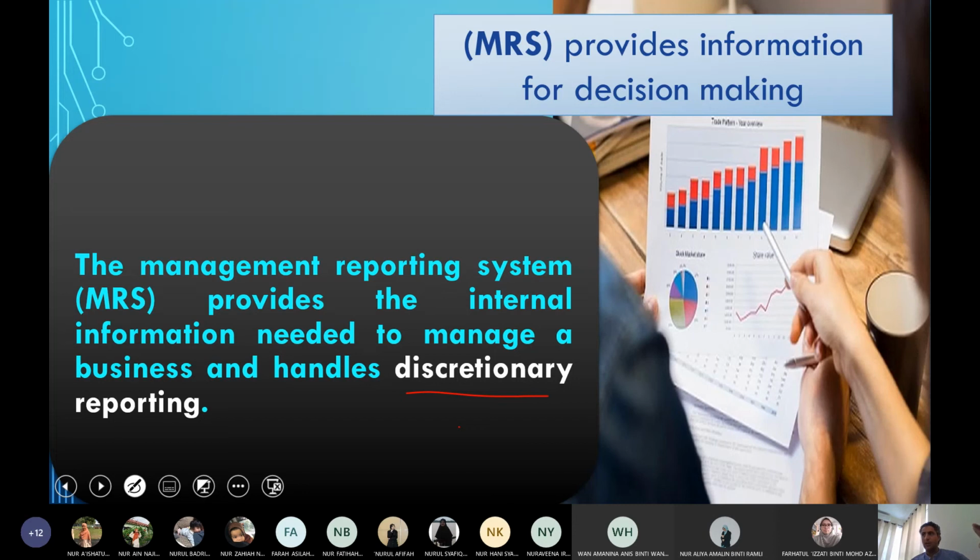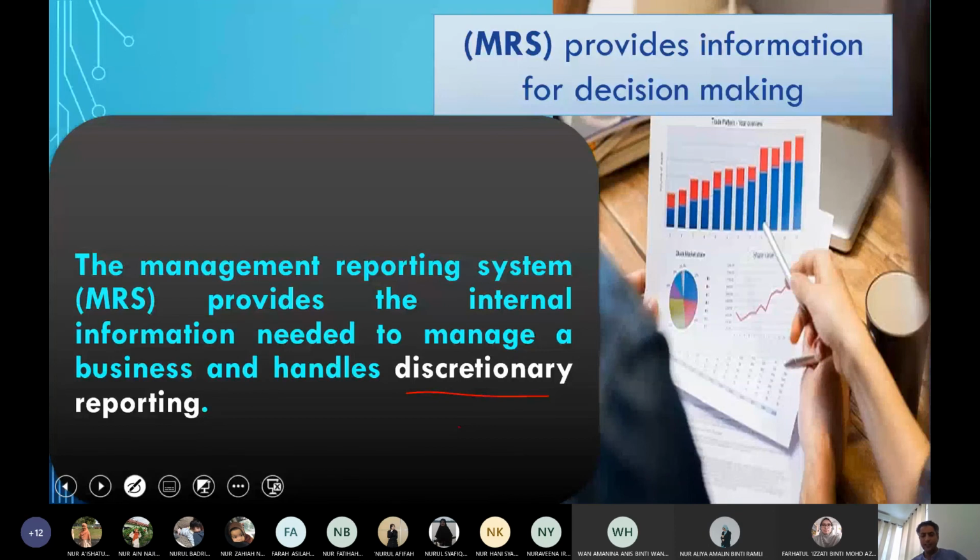So let's say managers would like to see the cost of one production line, or need to know the sales volume of one type of goods and services, or the payment of certain customers, and so on.